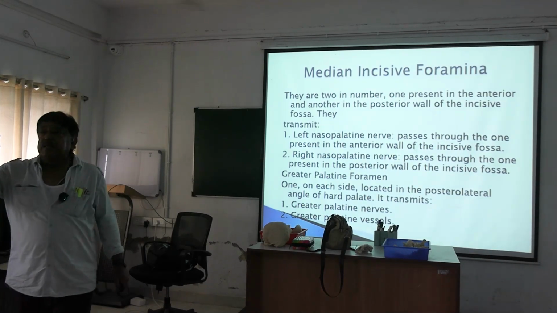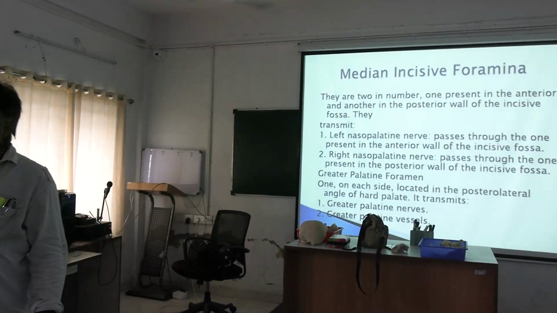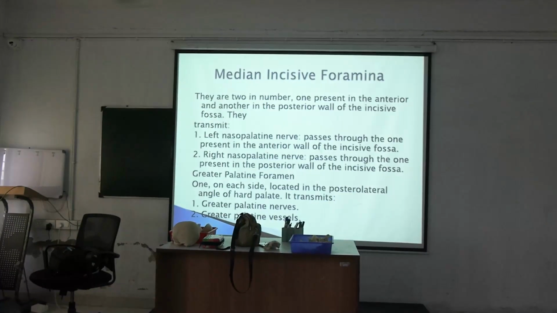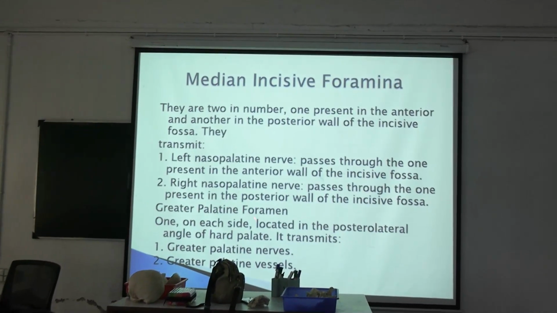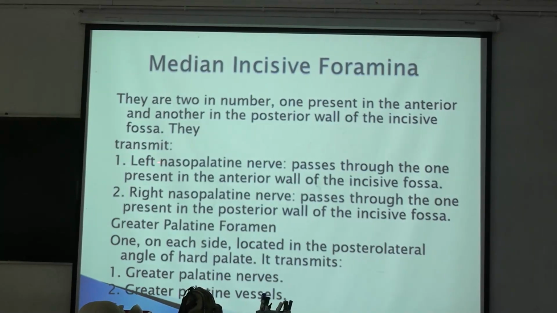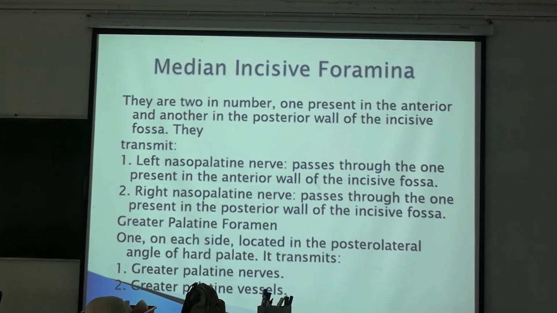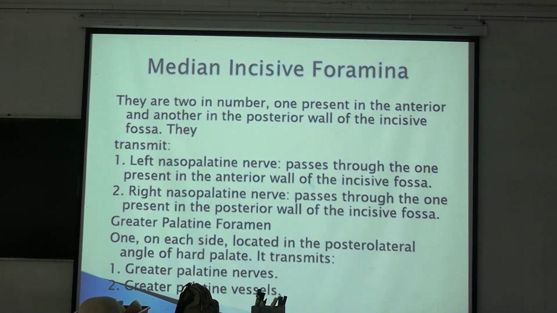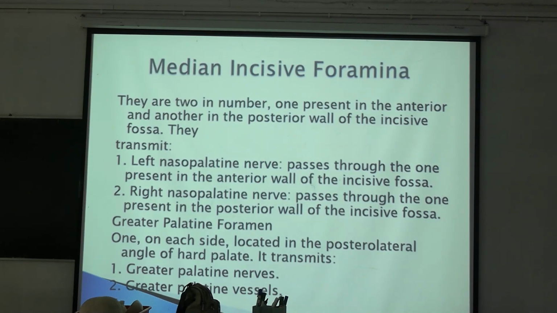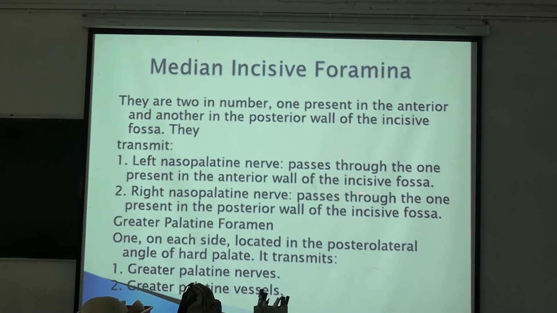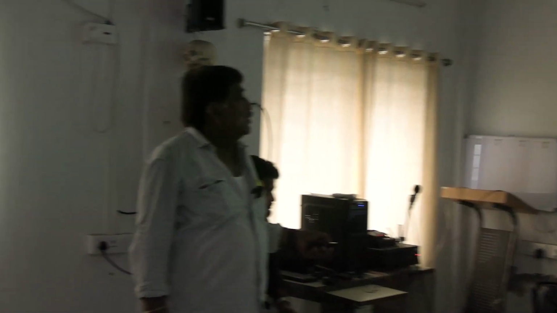Now, see, the name suggests it, like the nasopalatine nerve. That means it is from the nose into the palate. Now, the left nasopalatine nerve is present in the anterior wall of the incisive fossa. Right nasopalatine nerve passes through the one present in the posterior wall of the incisive fossa.